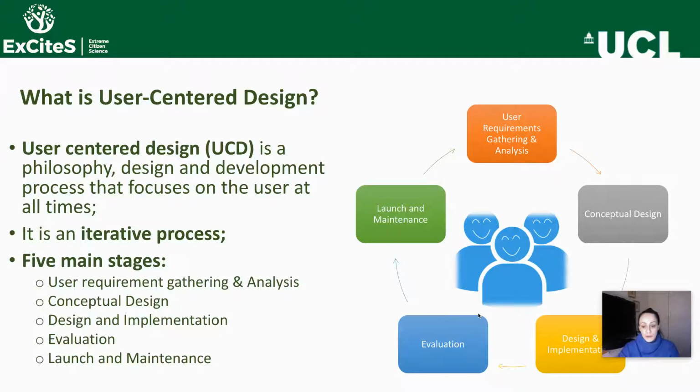And we also reviewed that user-centered design has 5 main stages, namely the first stage, which is the user requirement gathering and analysis, followed by the conceptual design stage, design and implementation, evaluation, and finally launch and maintenance.